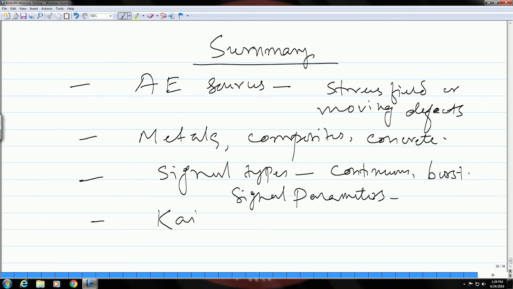Then we talked about these two effects, Kaiser and Felicity effect, which describe the relationship between the loading history and the acoustic emission events.